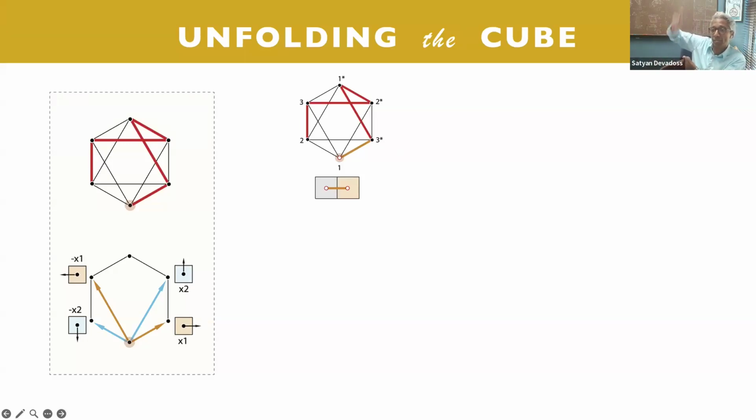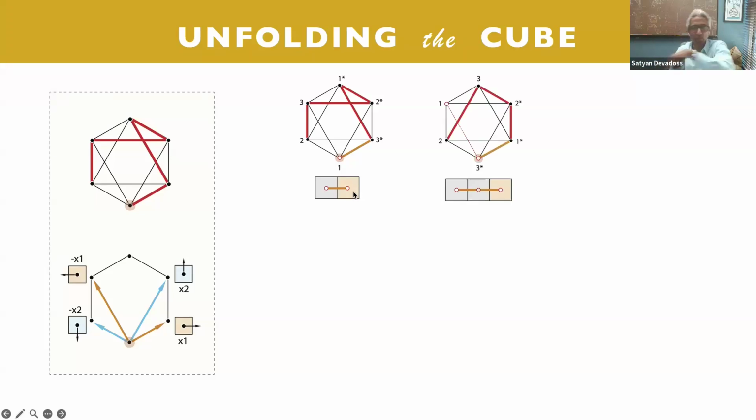So I'm moving along that ridge. This 1 3-star is a ridge, and I'm moving from my facet 1 to my facet 3-star along that ridge, and I'm stamping it. So if you do that, remember, we've decided that this is in the X1 direction, so as I do this, I just put an X1 stamp on it. So this cube is literally getting stamped in the X1 direction. Okay, so I do that rotation.